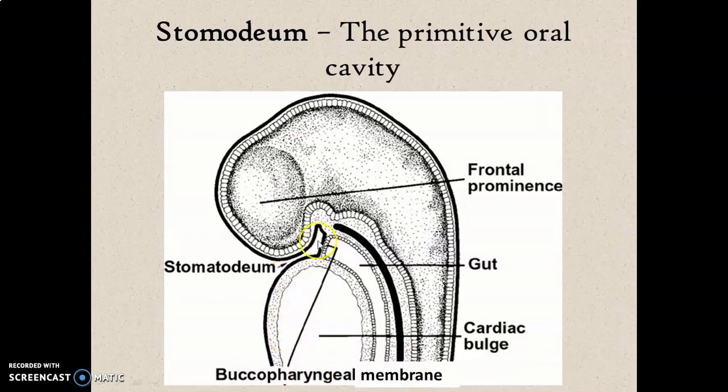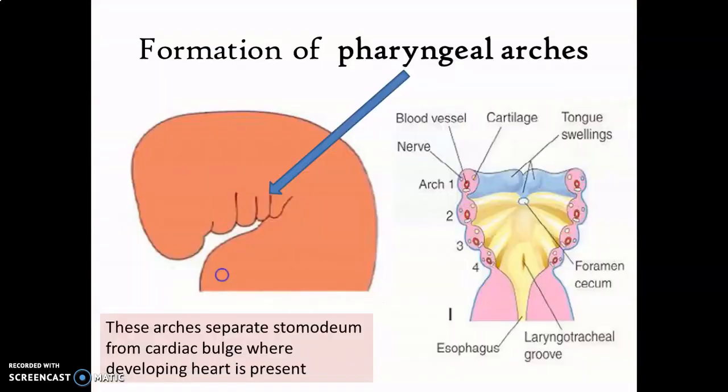And on the lateral side of the stomodium, there is formation of certain bulges or thickenings of mesoderm known as pharyngeal arches. So these pharyngeal arches develop as mesodermal thickenings in the lateral pharyngeal wall, as you can see here.